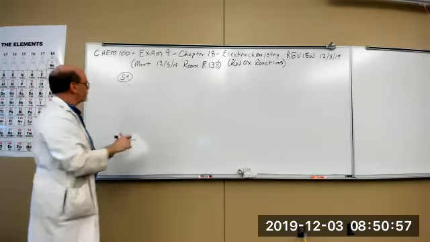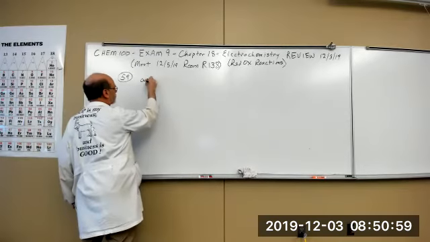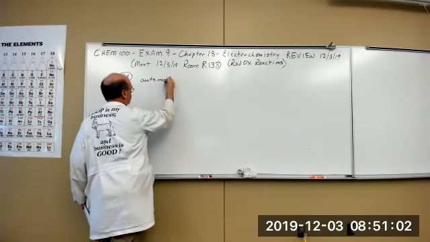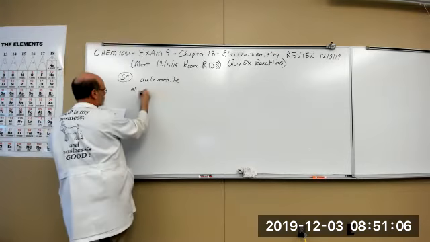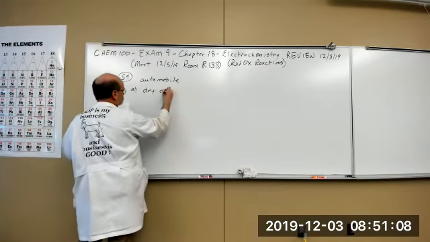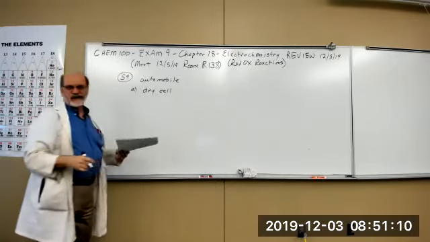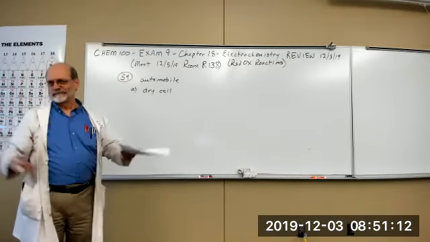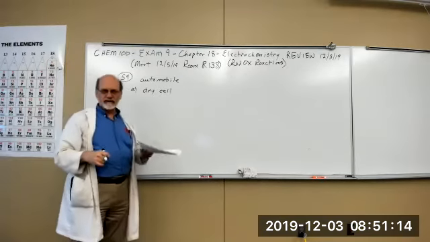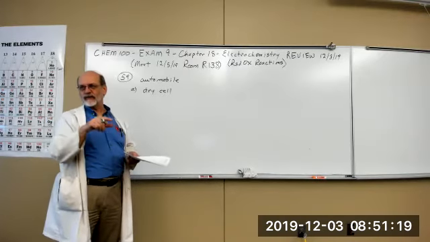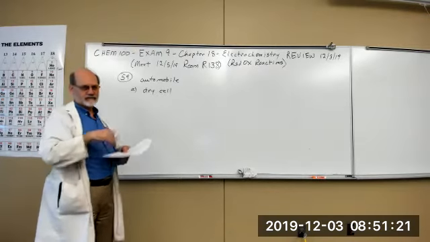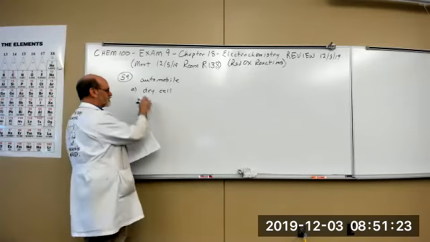what type of battery is in the automobile? Right, you have dry cell. So what's a dry cell? It's what we normally think of as the D's, C's, AA's, AAA's that go in various devices. That's a dry cell.